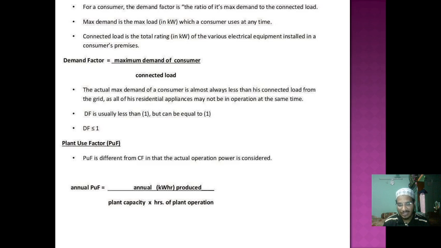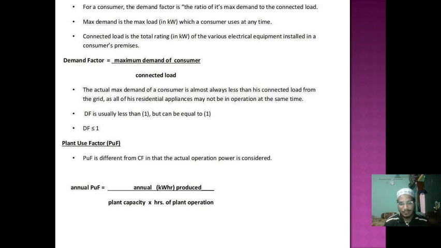For example, 3,600 hours were taken to generate the power. Capacity is 12,000, but we generated 10,000. We have to divide and multiply, then we can easily get the plant use factor value.